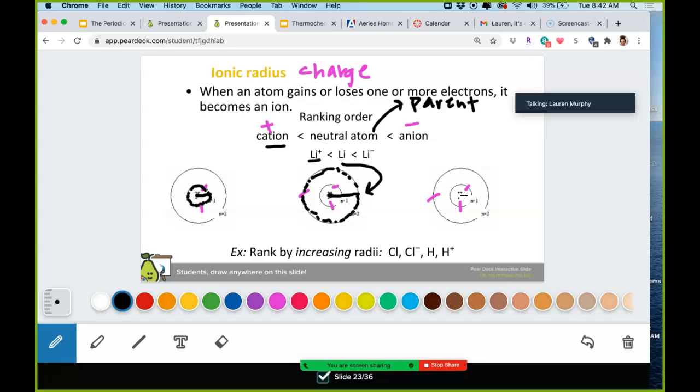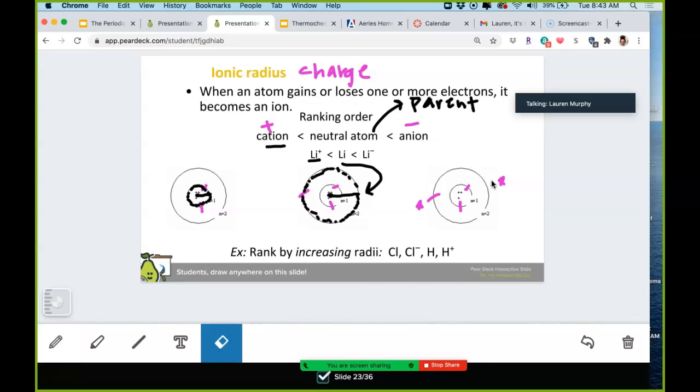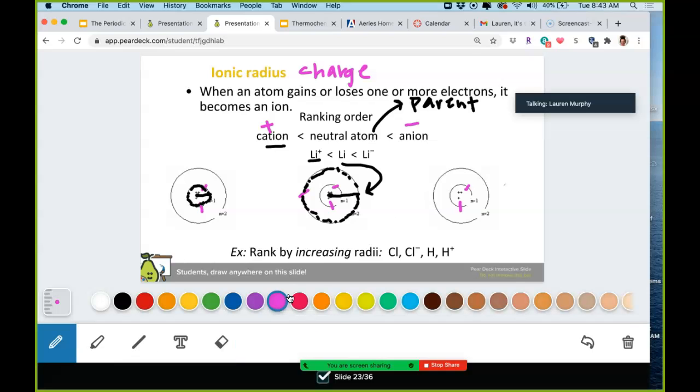Now, the anion means we're adding an extra electron. That's what the -1 means. And again, you're going to add it to the outermost energy level. Now, this is going to be conceptually a little bit harder to see, but this electron right here and this electron right here don't like each other. They repel each other. So when you add in an extra electron to this outermost shell that wasn't supposed to be there originally, the 2 electrons actually move a little bit away from each other.